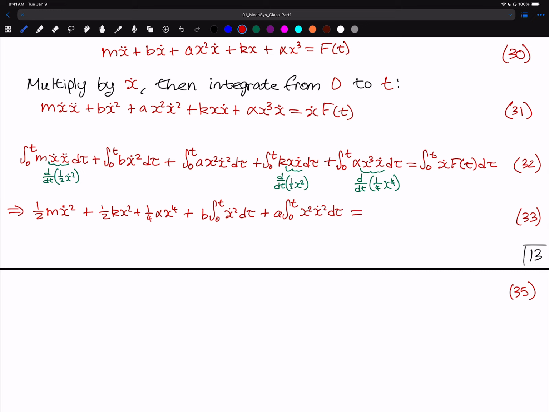And that's all going to be equal to, actually, sorry, we now need to have in here minus the initial energy. That's the kinetic and potential energies evaluated at time 0.